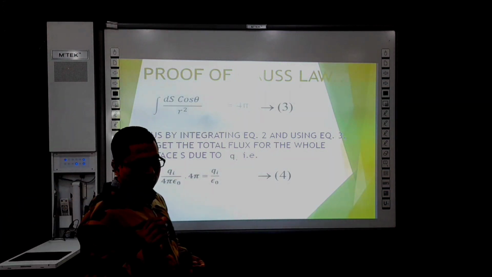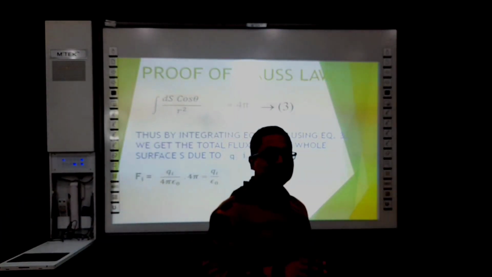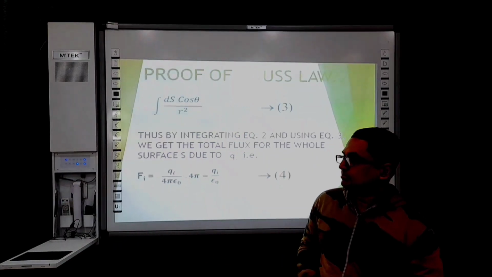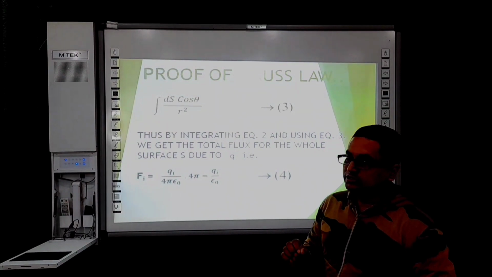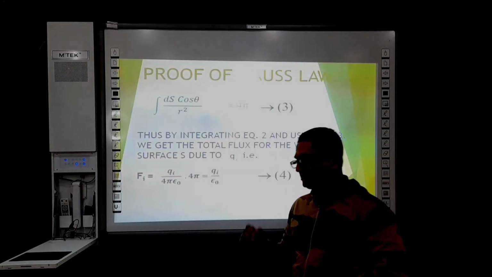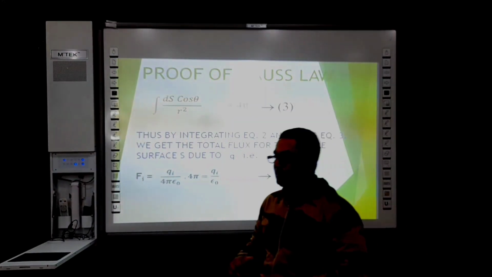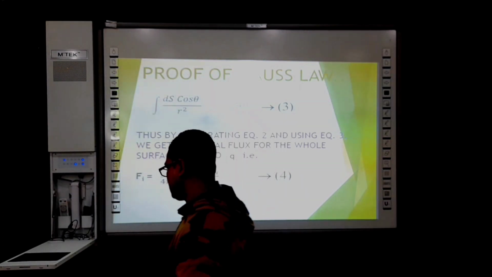Now equation 4 represents flux due to Qi through the whole surface. Now our question was that if instead of Qi only there are lots of charges inside the surface, then we have to sum up all these fluxes.